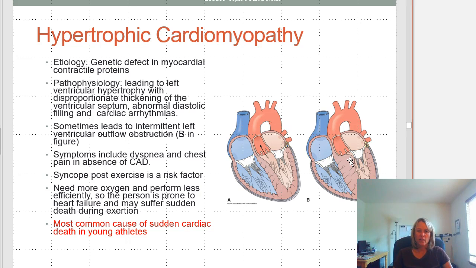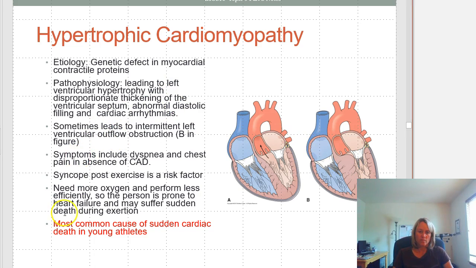This can result in sudden cardiac death if this ventricular septum blocks the outflow into the aorta, or it can cause sudden cardiac arrhythmias.